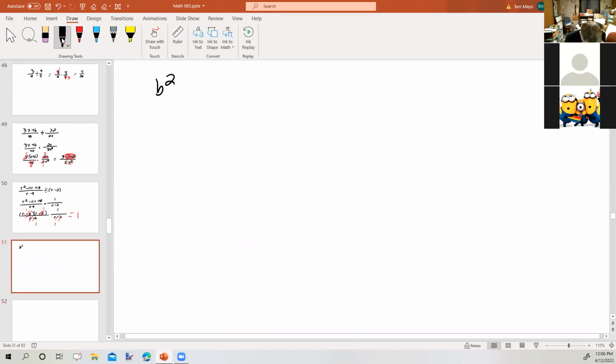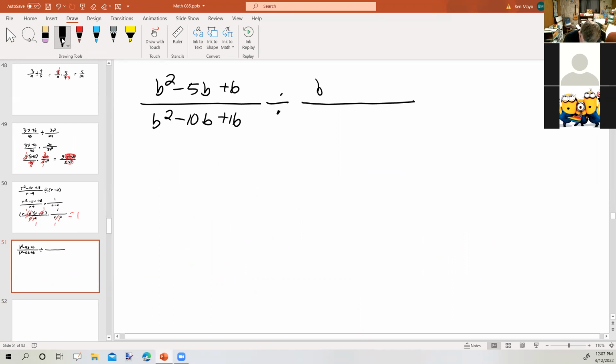B squared minus 5b plus 6 all over b squared minus 10b plus 16 divided by b squared plus 2b over b squared minus 6b minus 16.